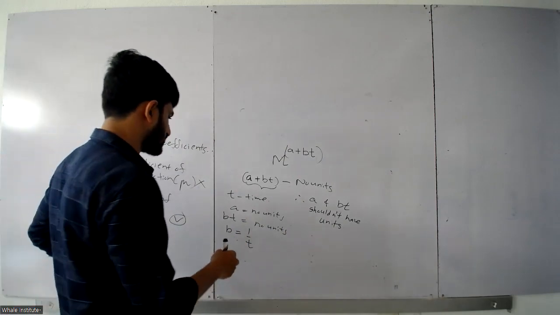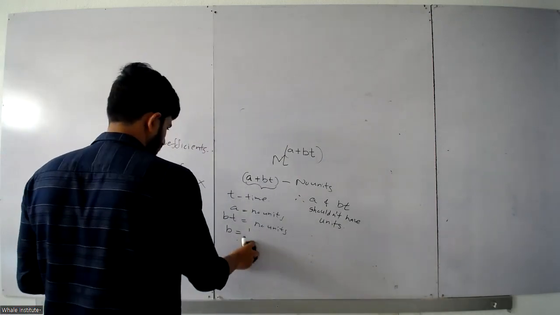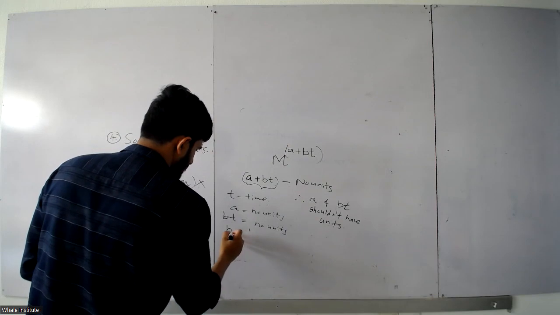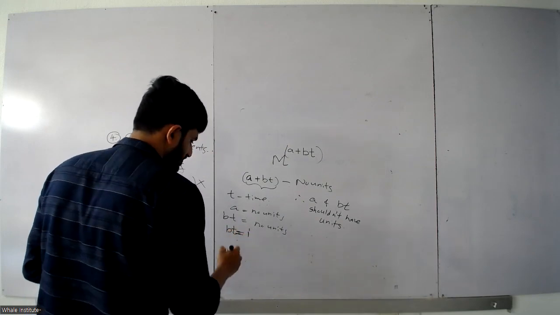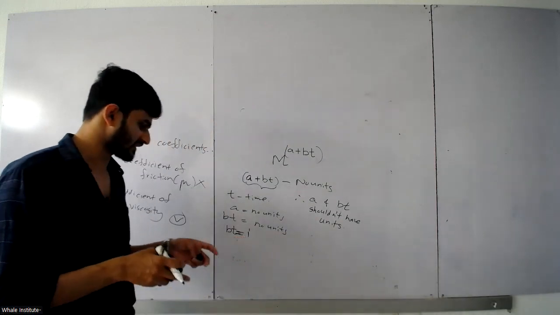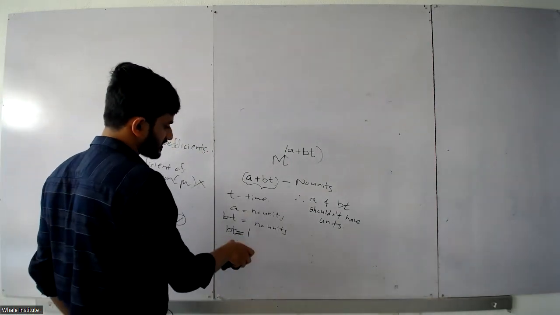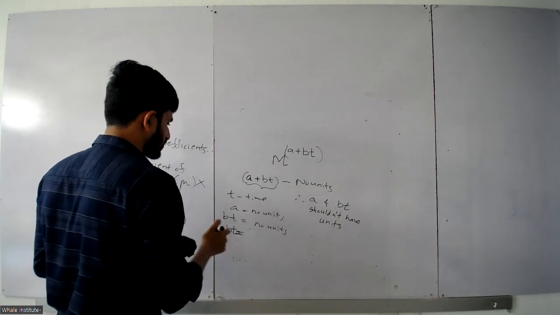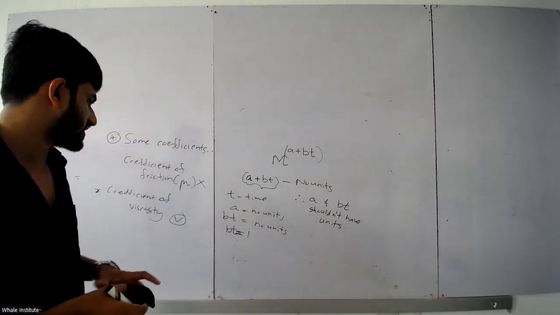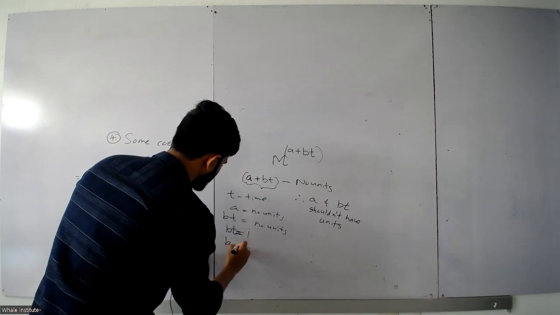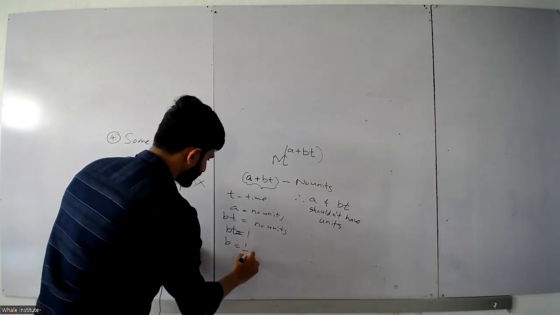B equals 1 over T because we can equalize BT into 1. 1 means no units. ඒක මම නිකන් දාගත්තා. BT කියන්නේ 1 කියලා නෙමෙයි, BT කියන එකට no units. Then if we want to find the units of B, we can add 1 here. Then we can get B. Subject B is 1 over T, right?